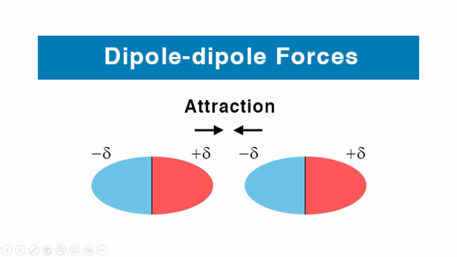The next strongest type is called a dipole-dipole force. And this is very similar to a dispersion force. The only difference is this is a permanently polar molecule. So this could be something like HCl, where one atom is much more electronegative, pulling electrons to one side of the molecule, and that causes us to have a dipole.